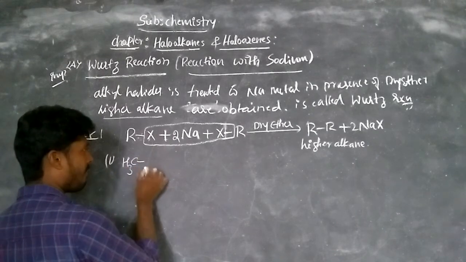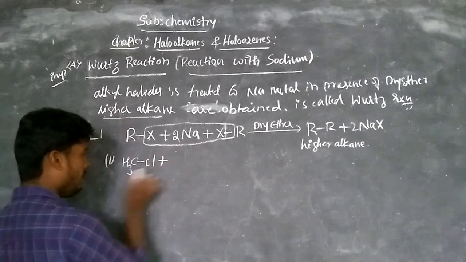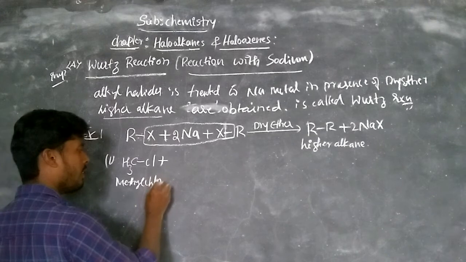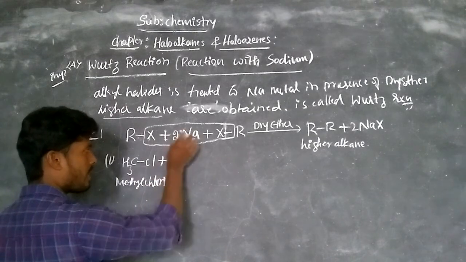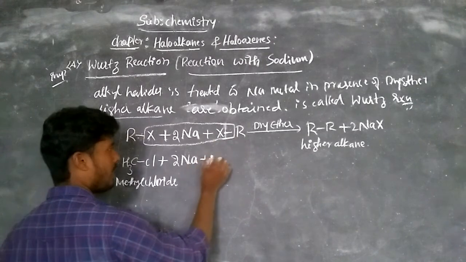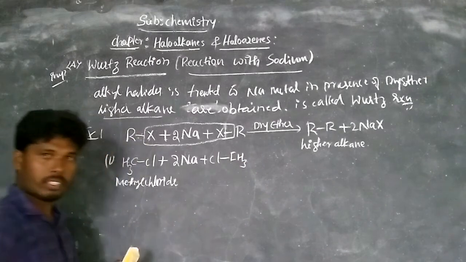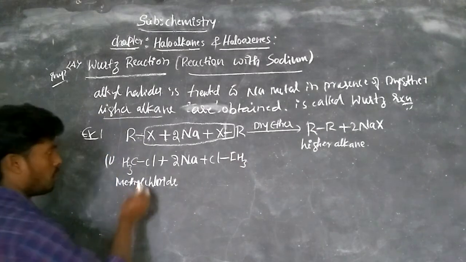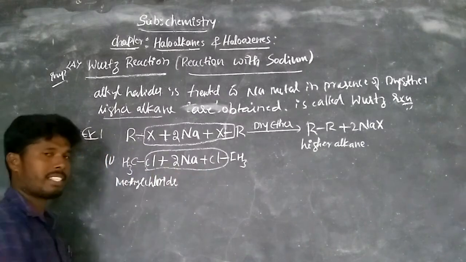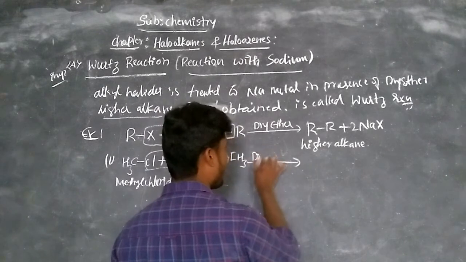Now take a particular example. In place of R, take CH3 bond, in place of X take Cl, or take bromine, your wish, methyl chloride or chloromethane, which reacts with two equivalents of sodium, and in place here take Cl bond CH3. So this chlorine and Na, and this chlorine becomes what, 2NaCl, CH3 bond CH3, in the presence of dry ether.